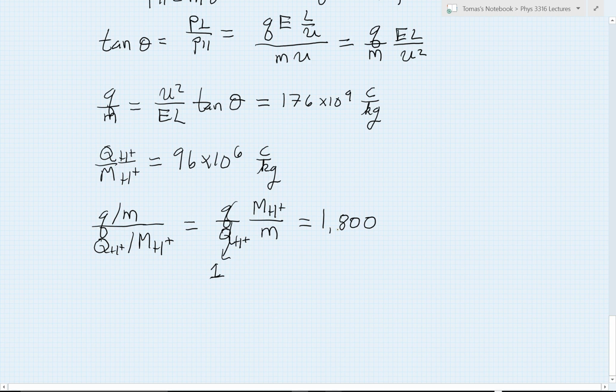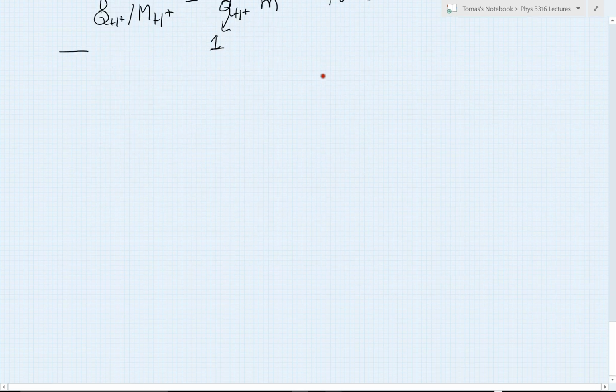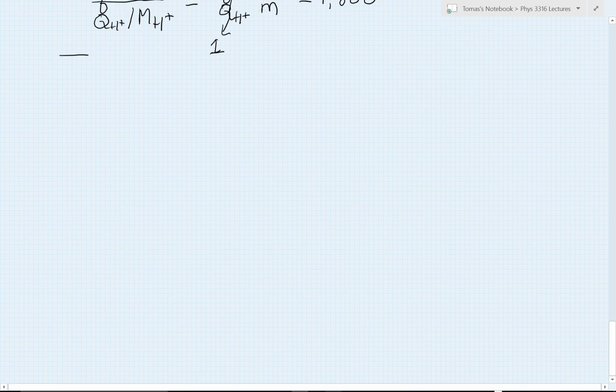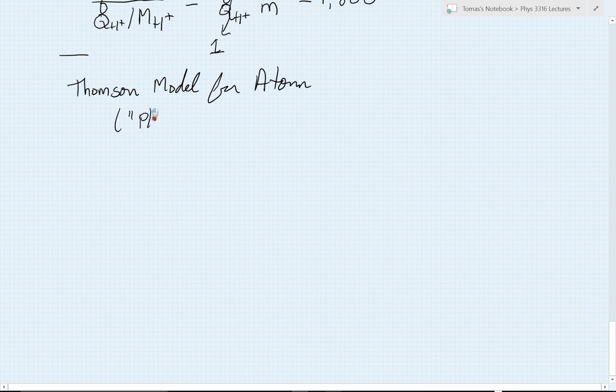It's about 2,000. So this then led to Thomson proposing a model for what the atom must look like. This is known as the Thomson model for the atom. It's sometimes called the so-called plum pudding model.